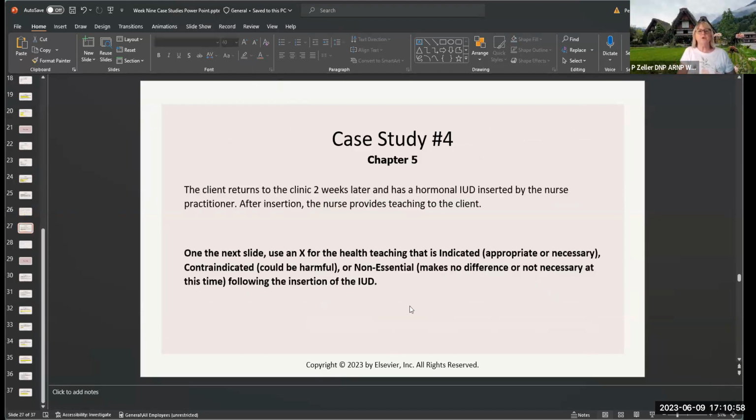Case study number 4. So you've educated your client and she returns to the clinic 2 weeks later and she has a hormonal IUD inserted by the nurse practitioner. After insertion, the nurse provides teaching to the client, hopefully before, and then reinforce it after.